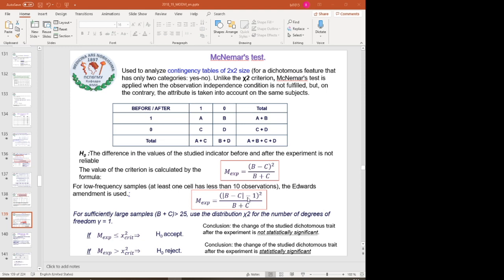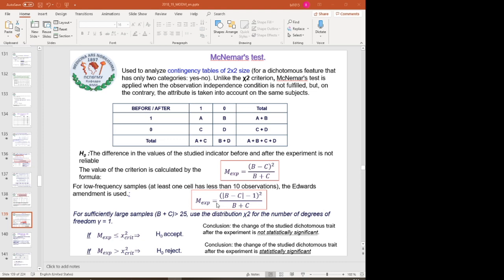So this makes the result less, and we should have a bigger difference between B and C than usual when we have enough patients, more than 10 in each cell, because we subtract some absolute value. Sorry, this is only one addend, we subtract 1.